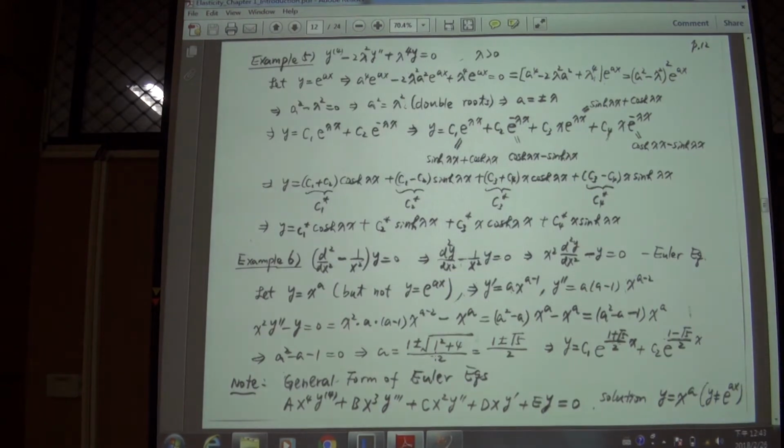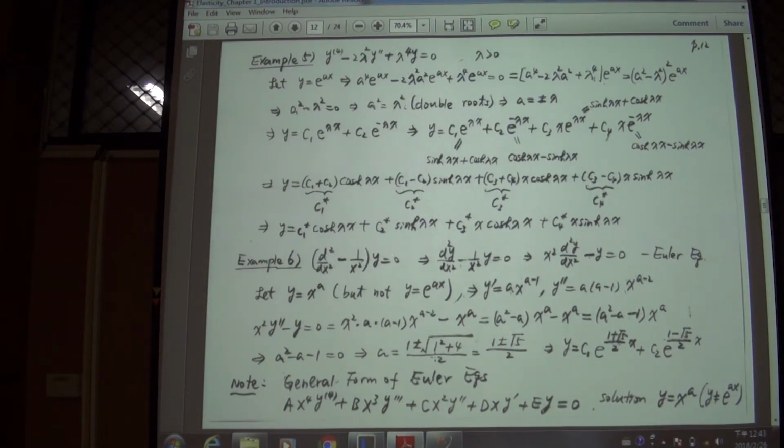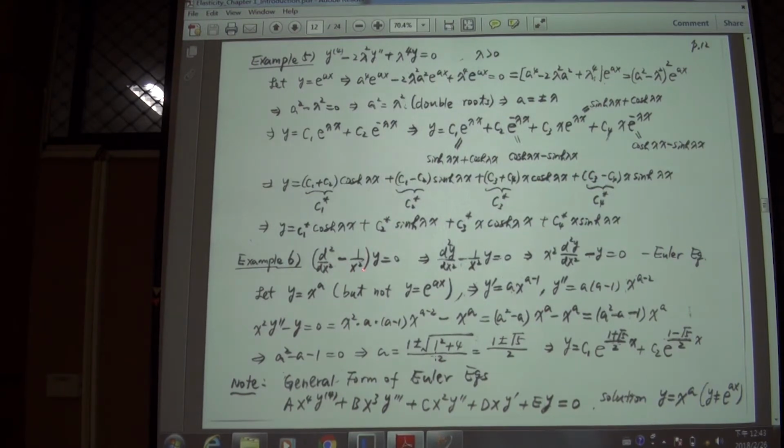Let us look at example 6. Now we have one more new thing. We introduce the concept of a differential operator. See, we have a differential operator here, d square over dx squared minus 1 over x squared, acting on y.